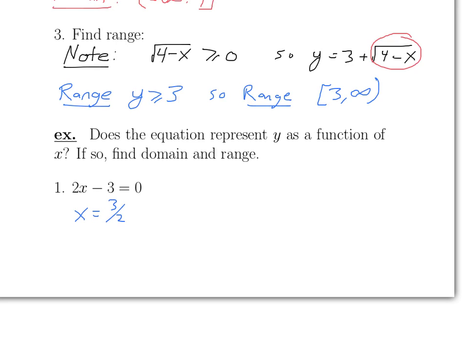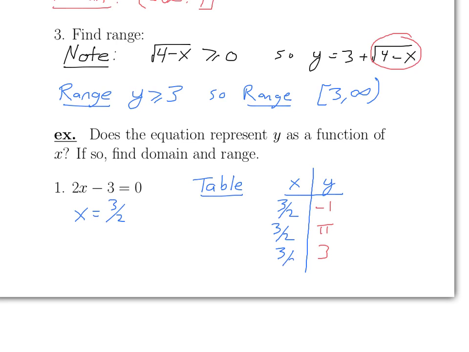So if I look at a table, let's consider a table for this. And I have my x and my y. Notice that the y is not listed, so I can make up any numbers, say -1, pi, doesn't matter. No matter what number I make up, we end up seeing that the x is always the same.